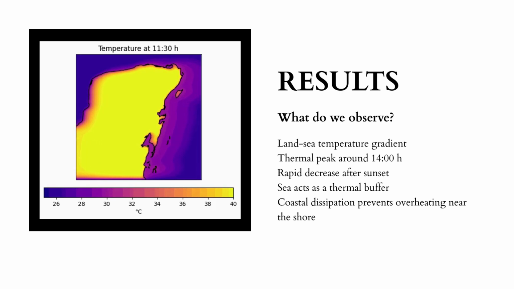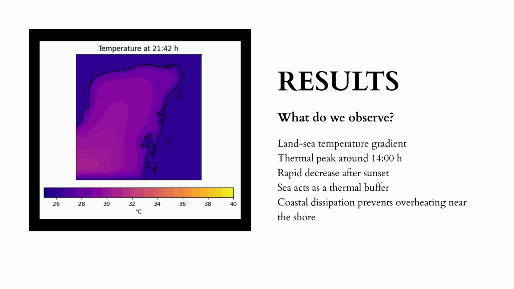We have a rapid decrease of temperature after sunset because we don't have a heat source anymore, and the wind forces dissipate the heat. We have a coastal dissipation that prevents overheating near the shore.